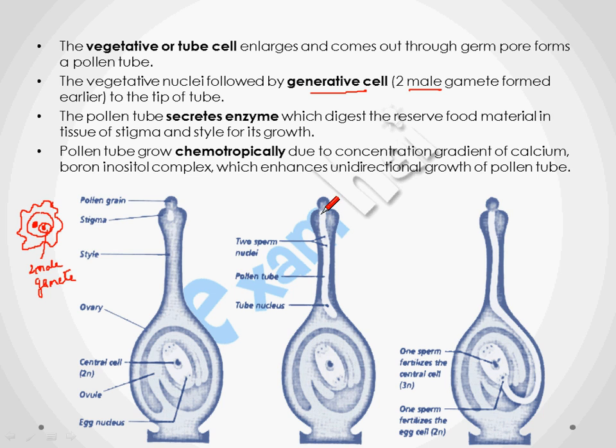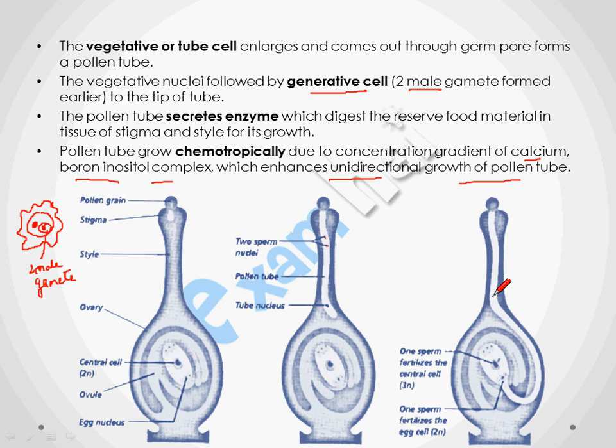You can see in this diagram the pollen tube growing easily and carrying two male gametes, after which it reaches the micropylar end. The pollen tube grows chemotropically due to the concentration gradient of the calcium-boron-inositol complex, which enhances the unidirectional growth of the pollen tube.